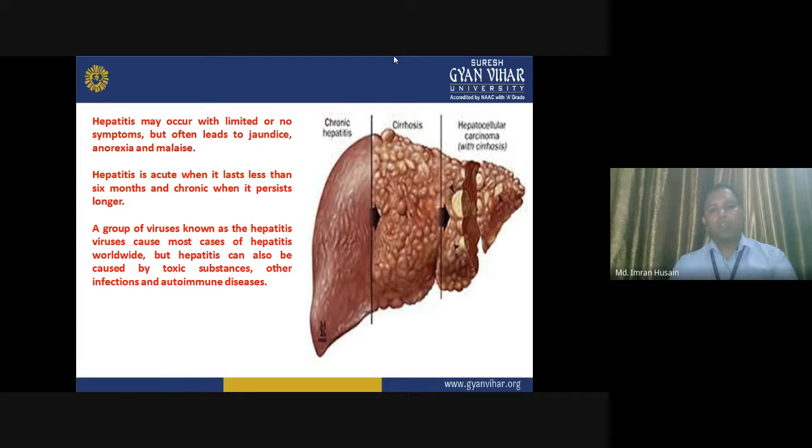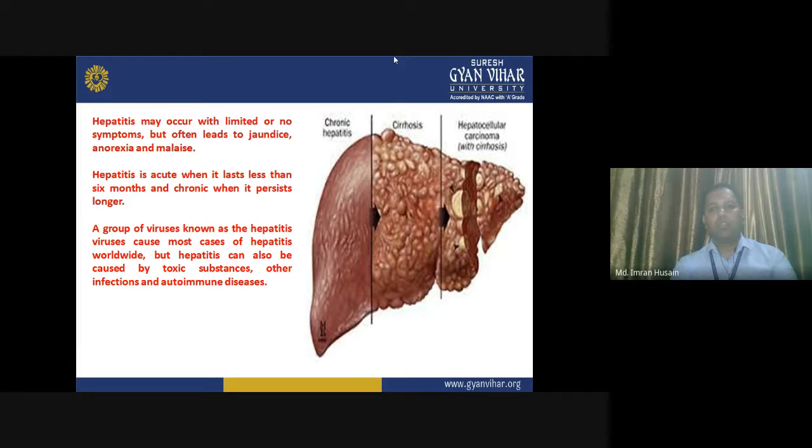But hepatitis can also be caused by toxic substances, substances that are very poisonous in nature, which can also lead to hepatitis infection or inflammation. Other infectious and autoimmune diseases can also cause this inflammation or damage.